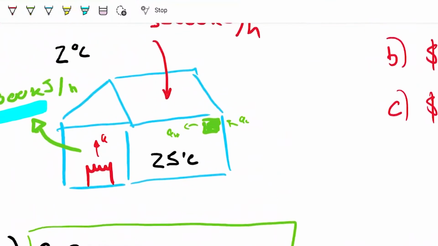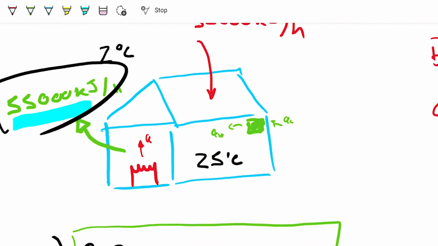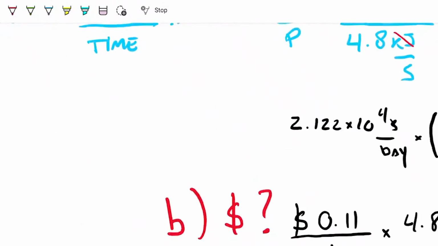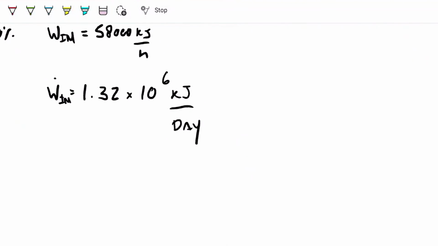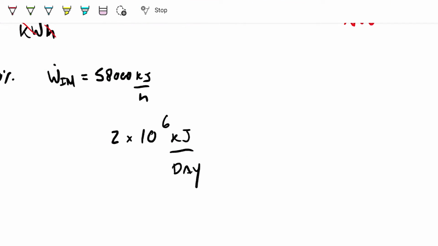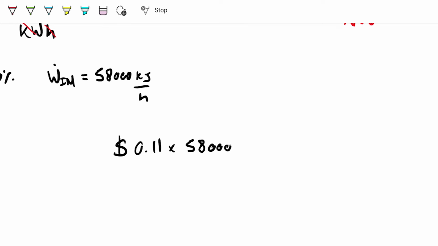So if I need to remove this, okay, this is already in rate. So I just need to use that rate. This is already a rate, so I just need to convert this into, oh no, I can leave it in that way. Just 11 cents times 58,000.